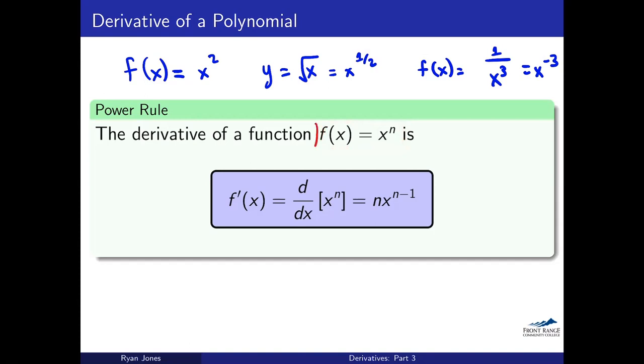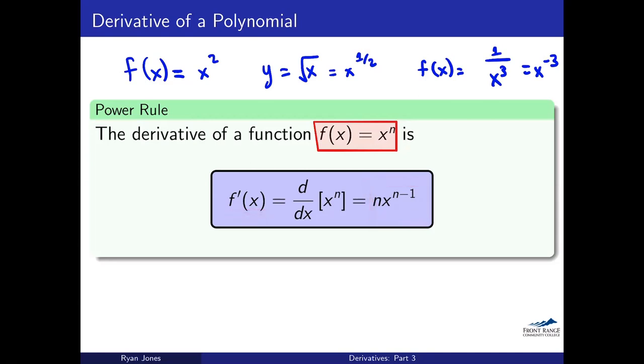Let's go ahead and box that in red. So I've got my f of x equals x to the n. If I want to take a derivative, I'm going to call that f prime, and then this is my answer for the derivative. I'll explain why that's the case, or how we get to that, in a second.